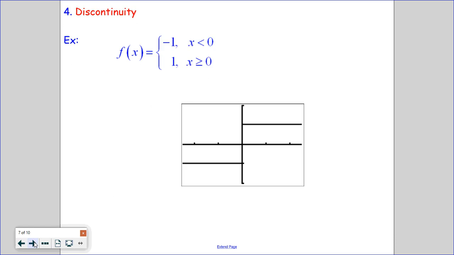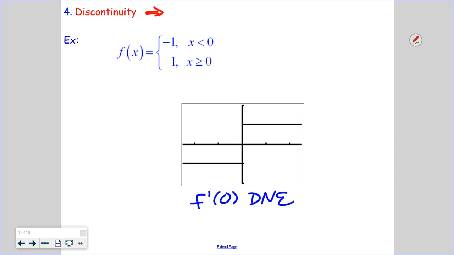Okay, now the fourth case would be at any discontinuity. The graph here actually has a jump discontinuity at x equals 0. So again, we would say f prime of 0 does not exist, but this category is any discontinuity, not just a jump.